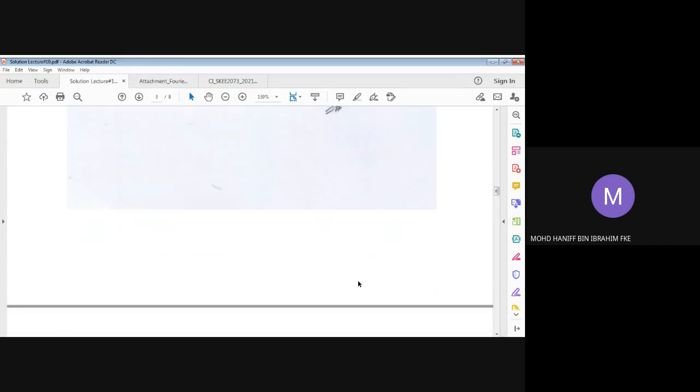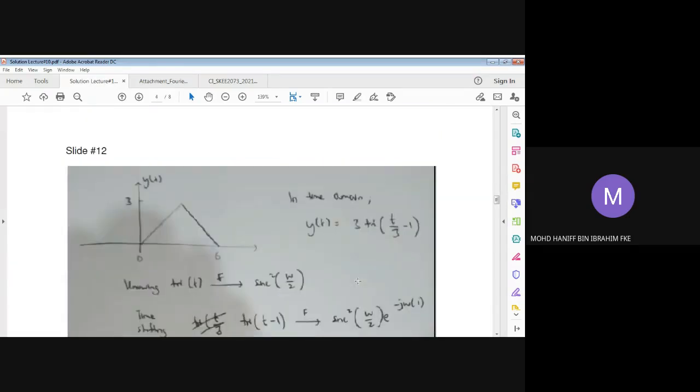So let's have a look at the second example. If you can recall, this is the case where we have a triangular function with a duration from 0 to 6 with an amplitude of 3. By using time shifting, I mean the time-based operations, you can prove that these signals, originally from the triangular t, will be 3 triangular t divided by 3 minus 1.